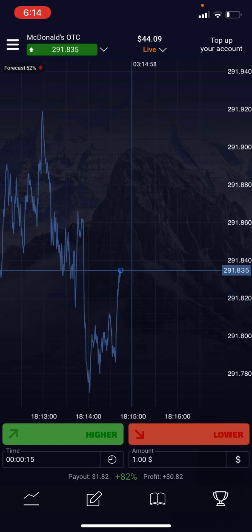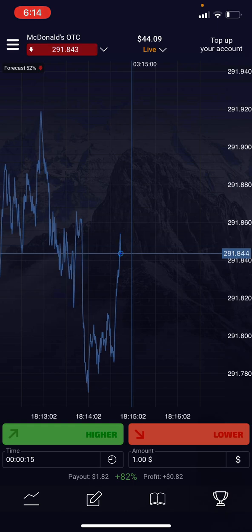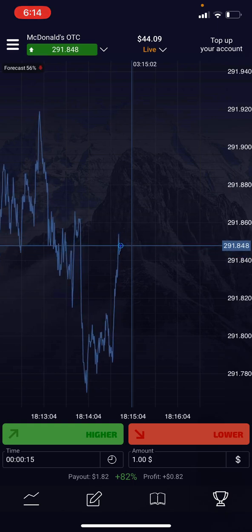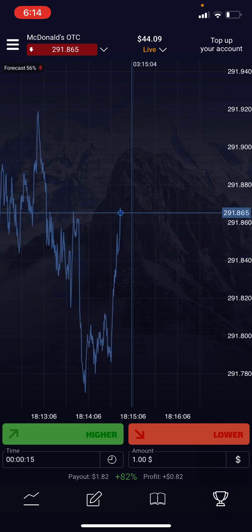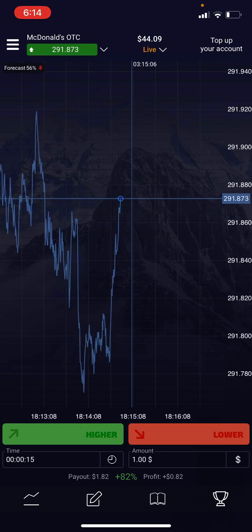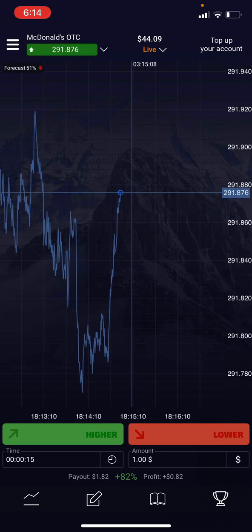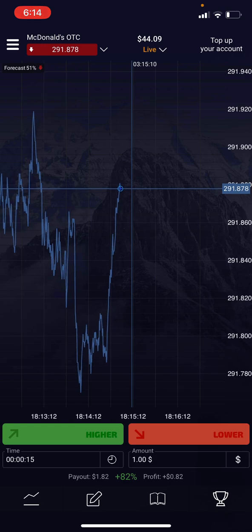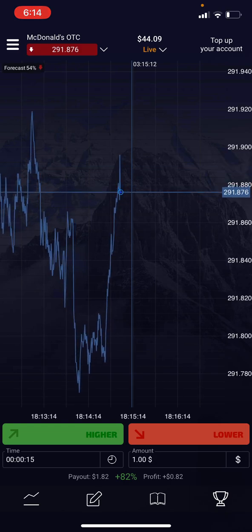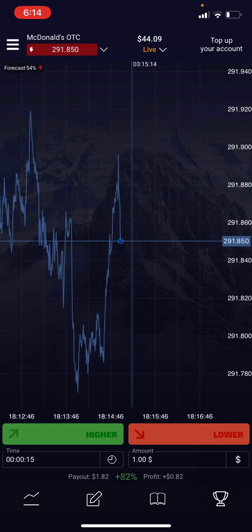The types of options that we have the opportunity to trade are stock options. Like in this example, McDonald's is on the screen right now. It's OTC, which means over the counter, and I'll talk more about that in a different video.